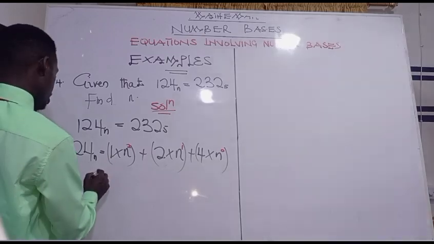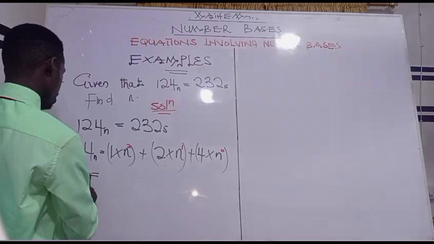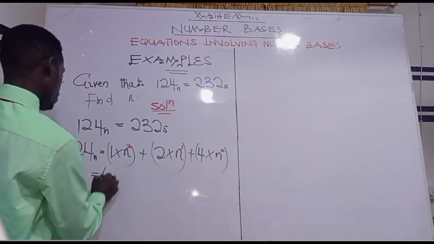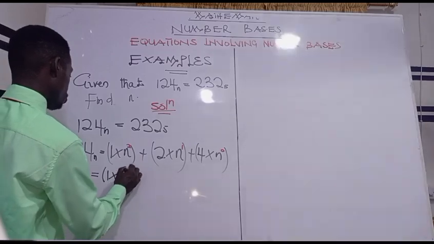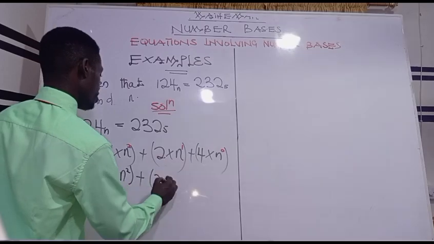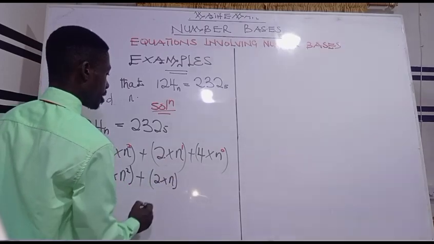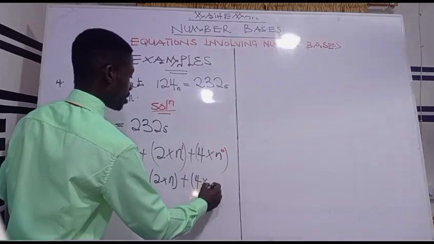So the rest is simplification and the manipulation of figures. So we have 1, n power 2 is still n power 2, plus we have 2, n power 1 is still n power 1 or n, plus 4 times n power 0 gives us what? 1.